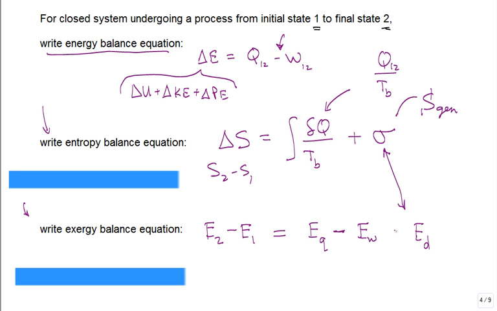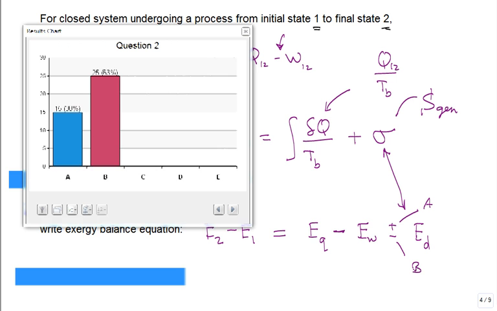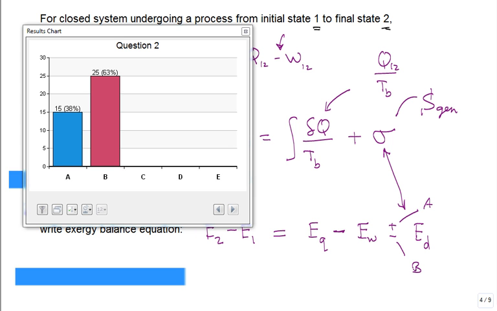So do I need a positive or a negative on this exergy destruction? Answer A or answer B? Let's turn this selection process on. And we are now counting. There's the results.